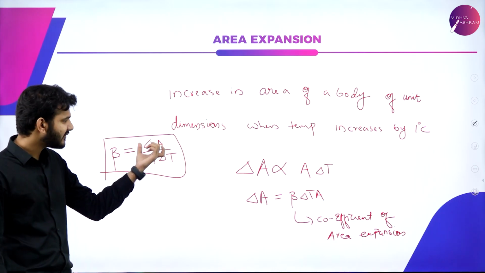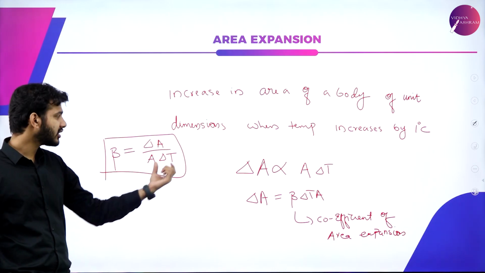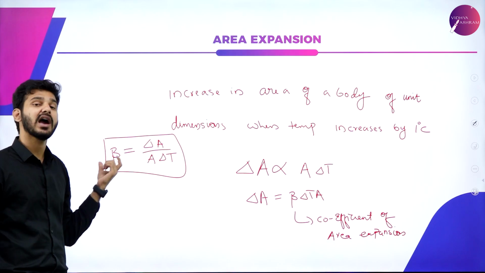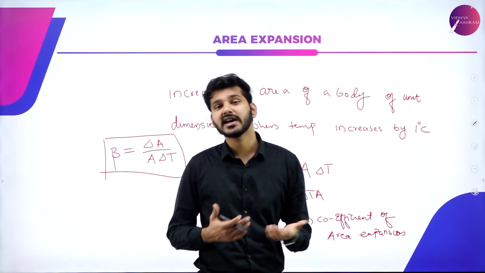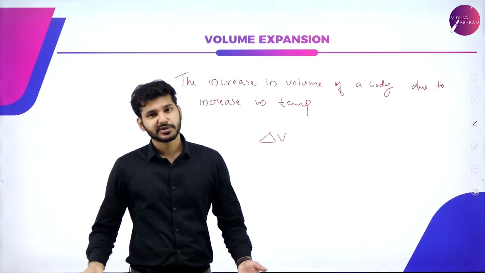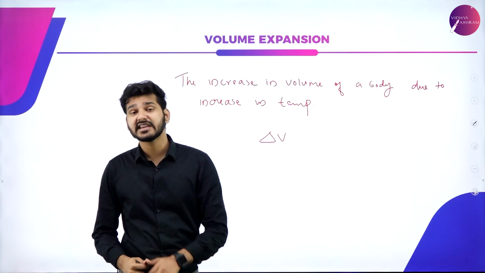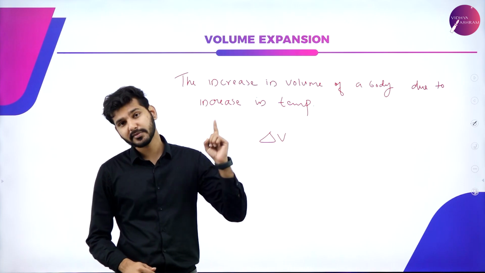Again, you're just giving unit values to all these quantities, and then you will have a definition for beta, which is known as the area expansion coefficient.